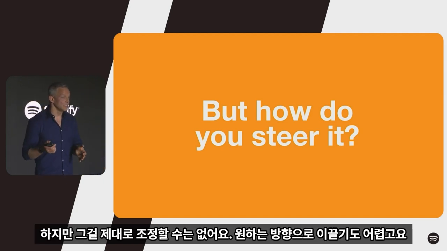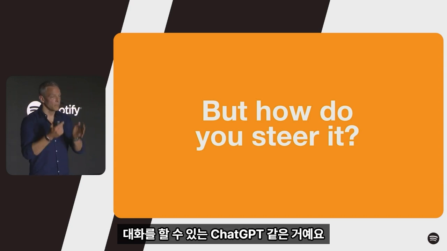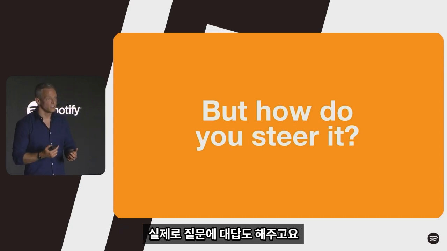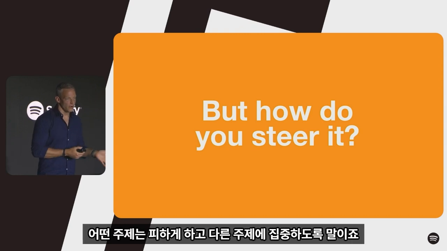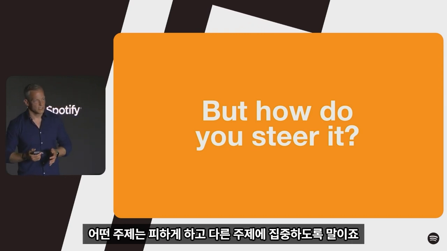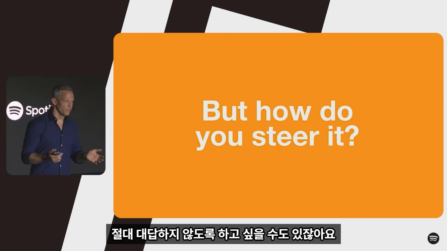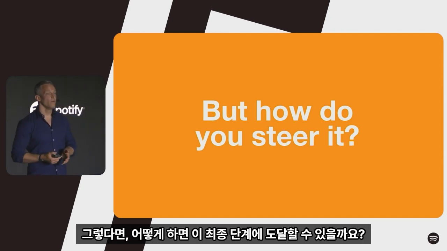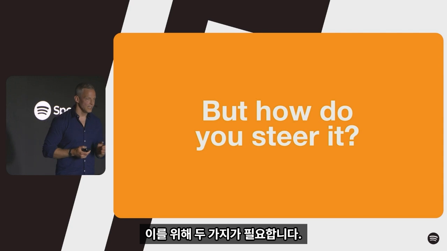You can't really format it. So what you would like to have is something like ChatGPT, where it doesn't just complete sentences, it actually answers your questions. And you would also like to be able to steer it to stay away from certain areas and talk about other areas. Maybe you would like it to not answer questions about how to create a bomb, for example. So how do we get to that last stage? Well, that requires two things.